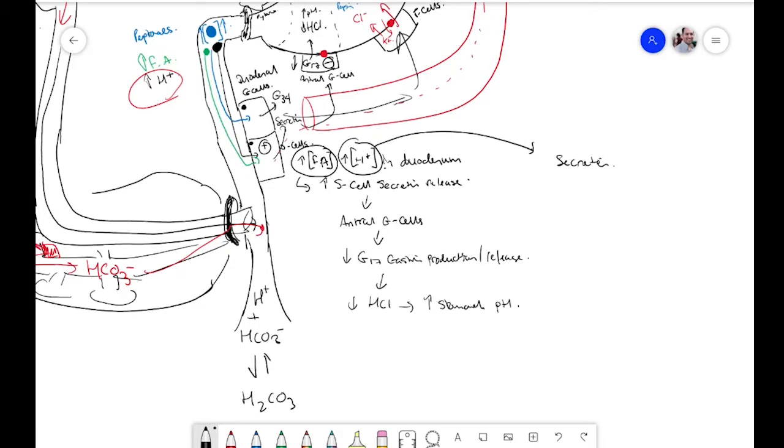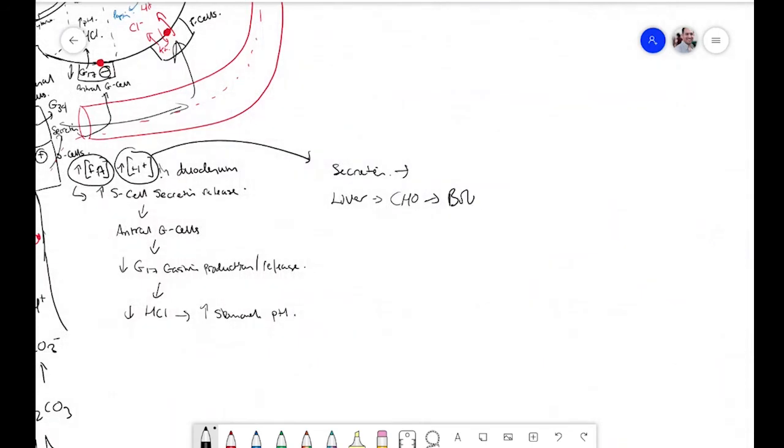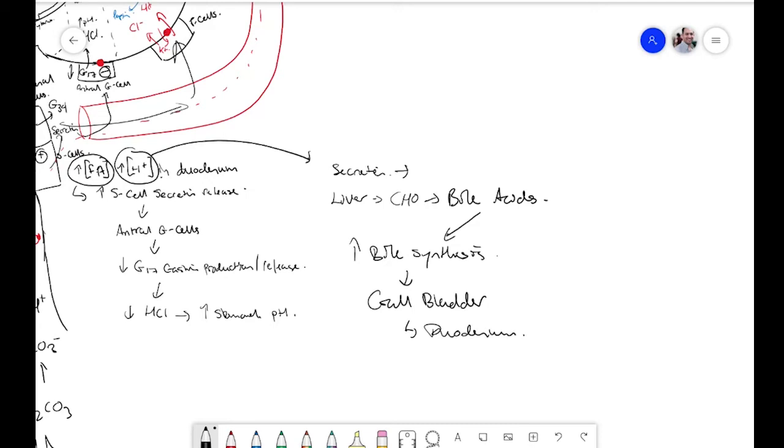Secretin acts upon the liver to break down cholesterol into bile acids, which then increases bile synthesis, which goes to gallbladder and then eventually back into duodenum.